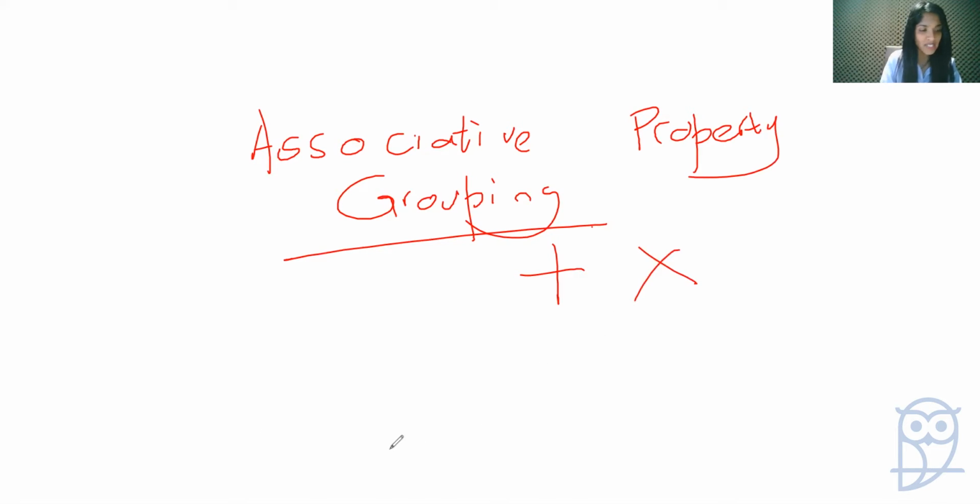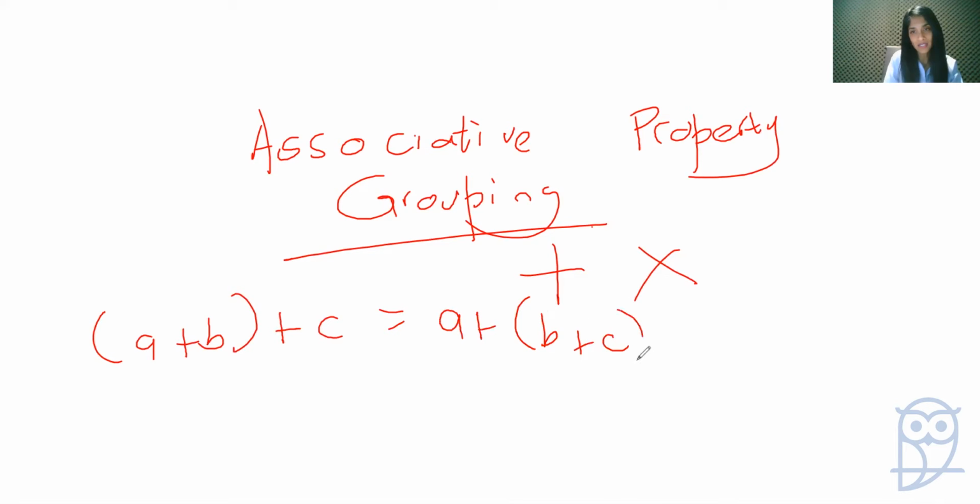This property shows that it doesn't matter how the numbers are grouped, if they are added or multiplied, the solution will still be the same. So let's have a look at this. A plus B plus C is equal to the same as A plus B plus C, with the brackets in different places. Everybody agreed that both sides would be the same.